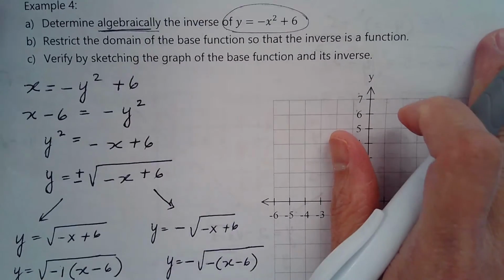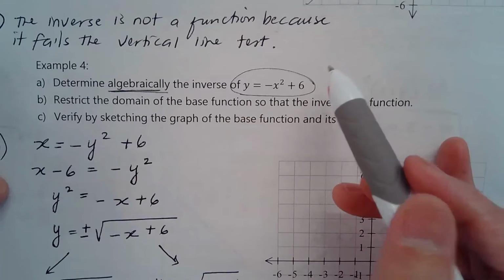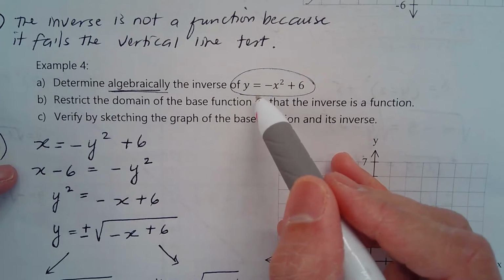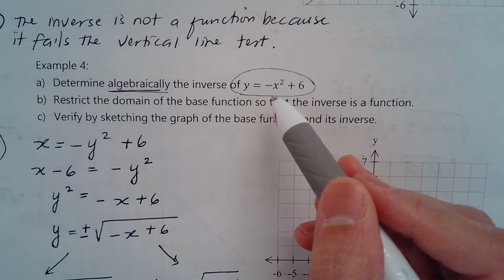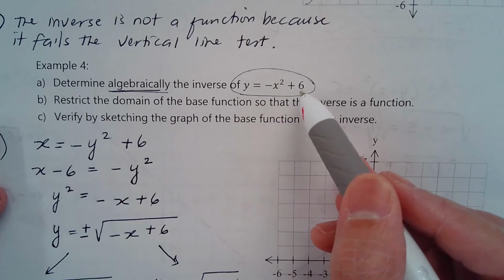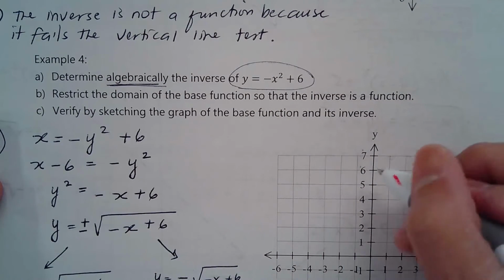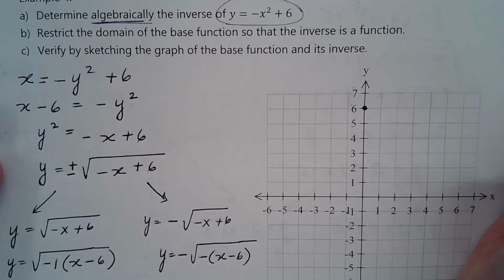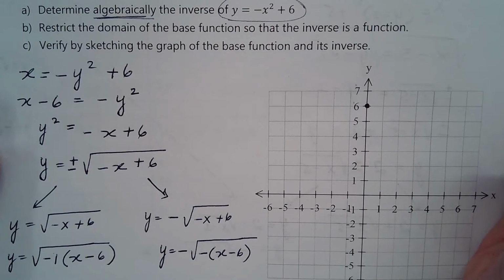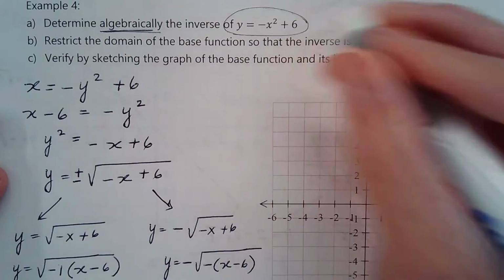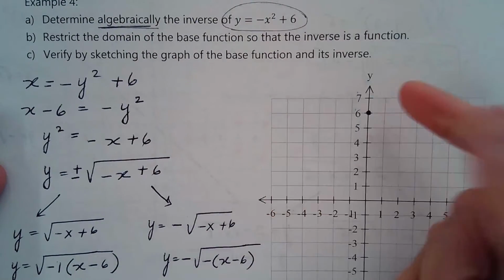So if we want, we can just graph this thing, right? How do we graph that? We know it's a quadratic function. The vertex is 0, 6. And because the leading coefficient is negative, that means it's pointing down, right?